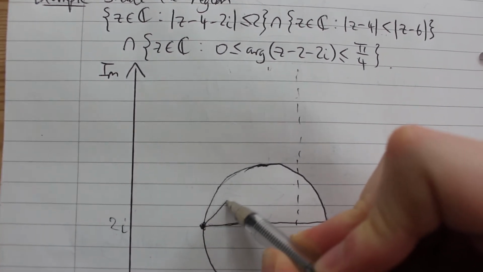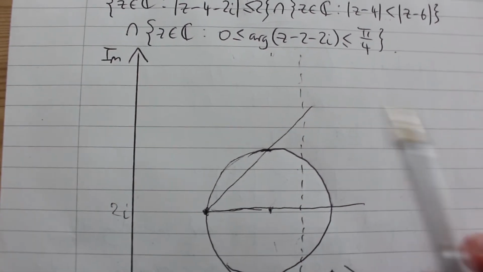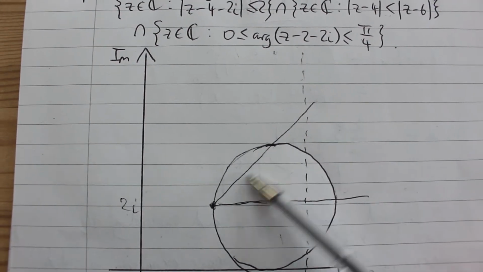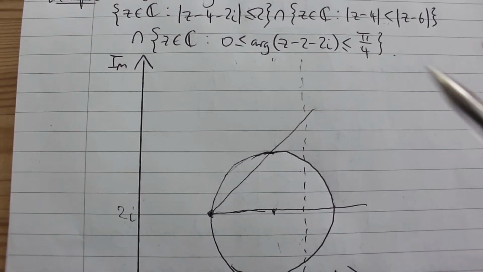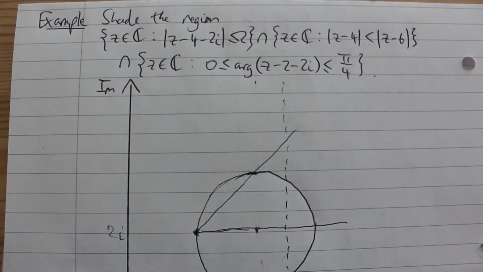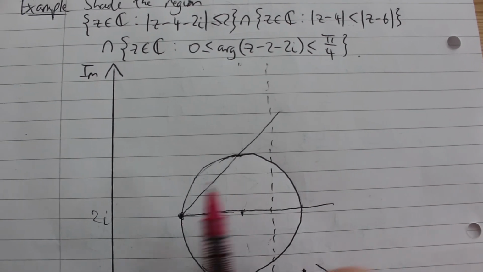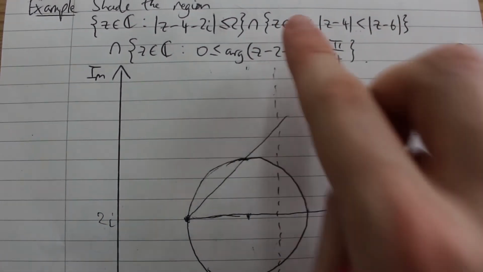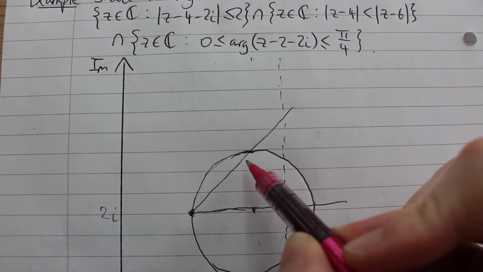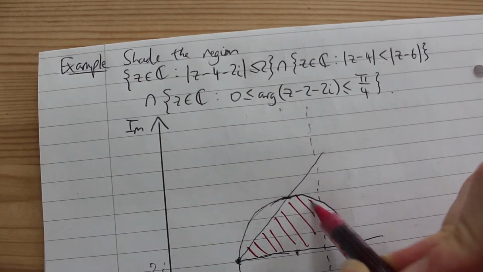If it's pi by 4, you can check that we're going to go through this top point on the circle. So we want everything in between these two lines, everything in this region here for this third inequality. So if something satisfies all three conditions, it must be inside the circle, or on the boundary of the circle, to the left of this vertical dashed line, and between these two solid lines, which is this region that I'm shading here.